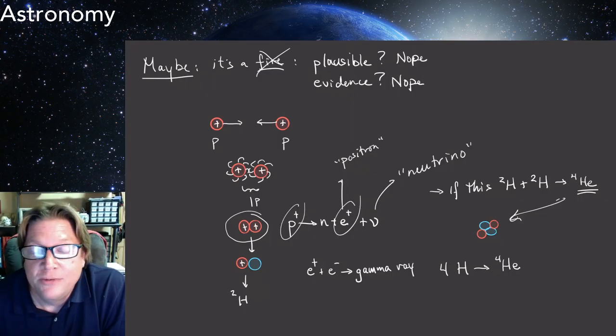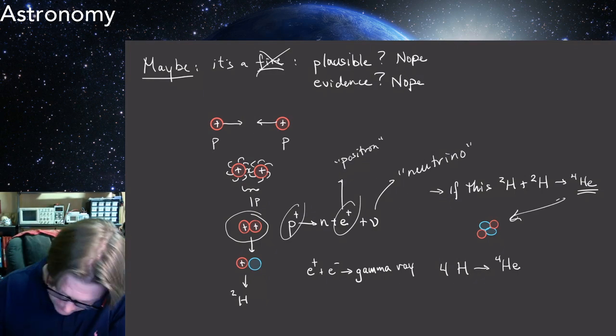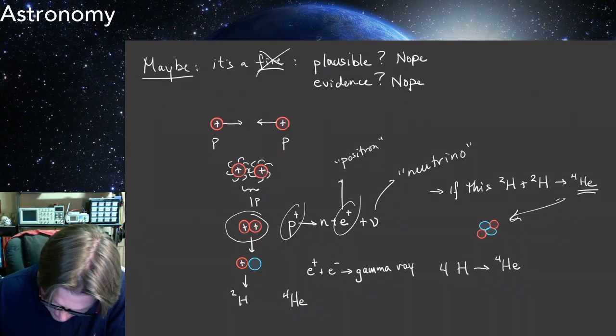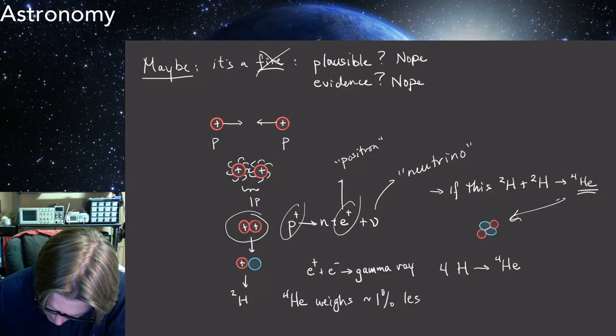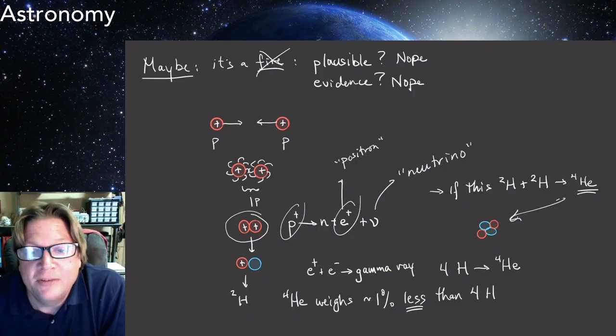Okay, cool. So if you follow all that, that sounds great. But where does the energy come from? And here's a neat little fact. Helium weighs about 1% less than the 4 hydrogens, the 4 protons.